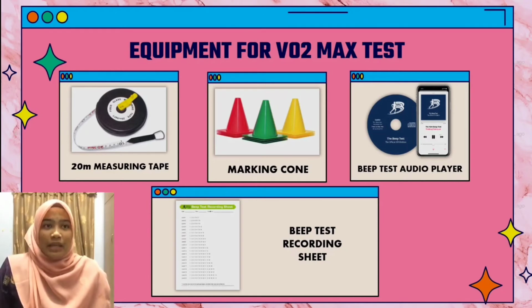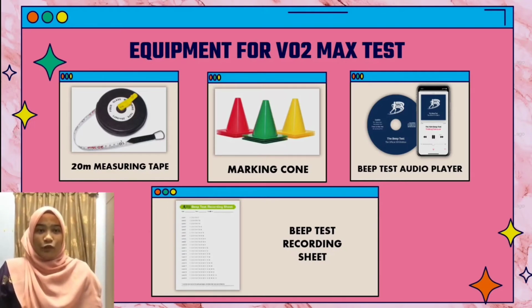Then, the beep test audio player. It is the audio player that contains a certain level of the test. And the last one is the beep test recording sheet. It is to record or collect the data of the subject. So that's all for me, and I will pass my presentation to my friend.